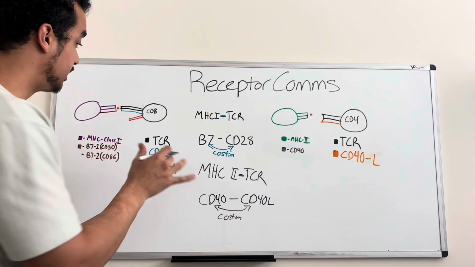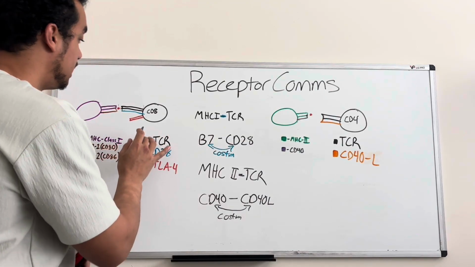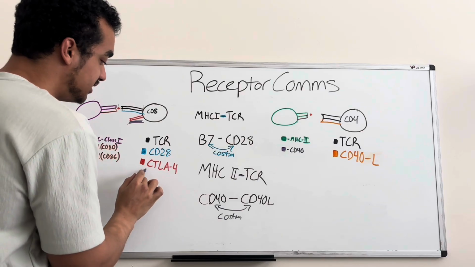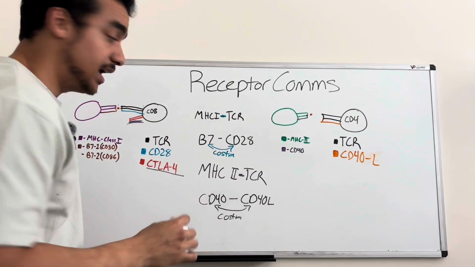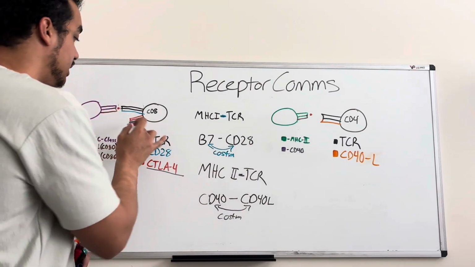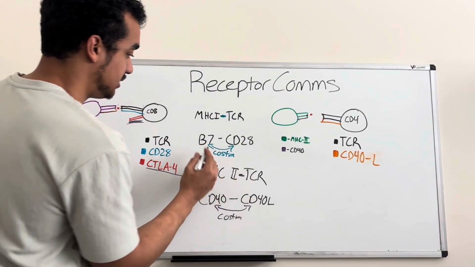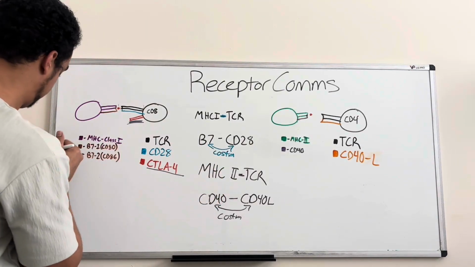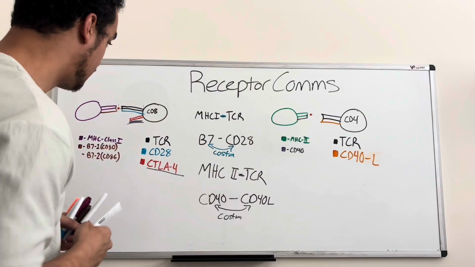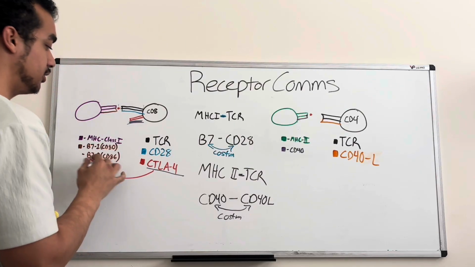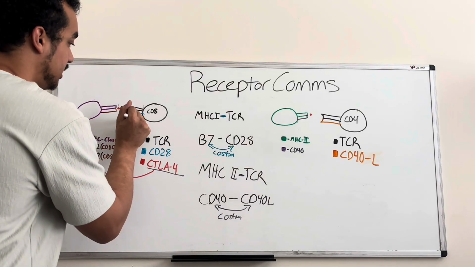It's going to be very quick. Just bear with me. So this little guy right here, this is called a CTLA4. Now, CTLA4 is actually an inhibitory protein which will bind B7-1 or B7-2, right?